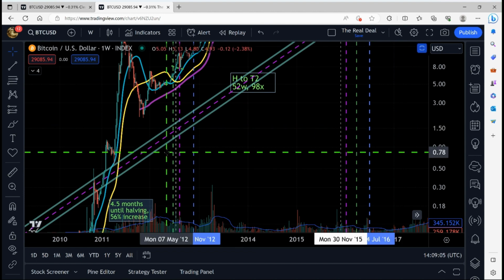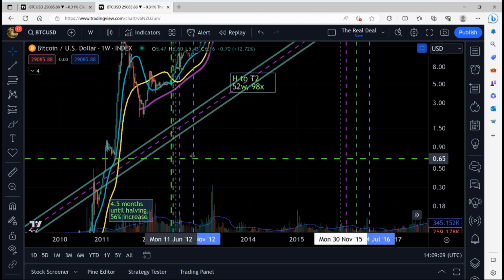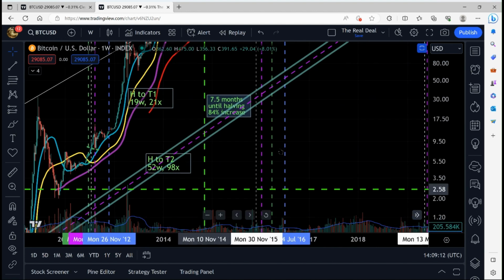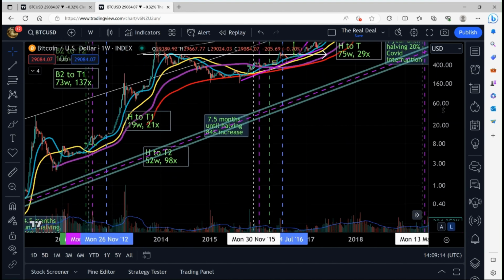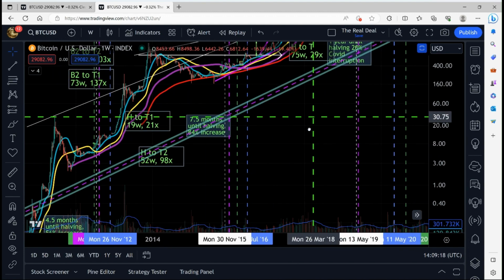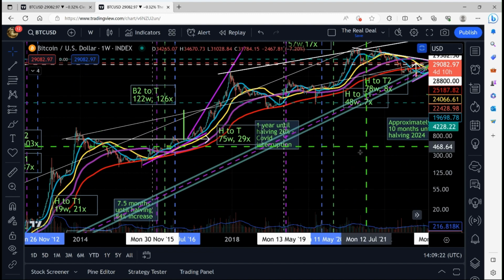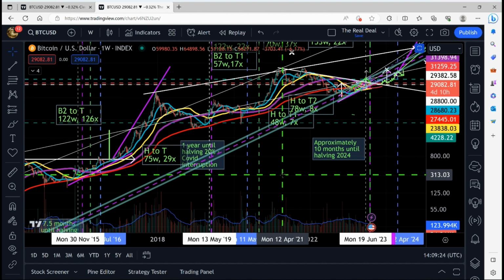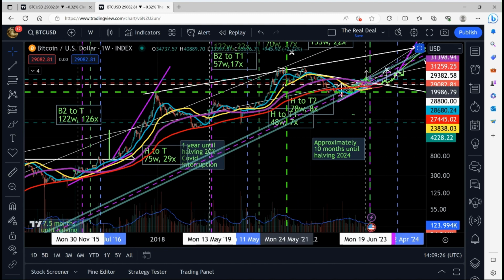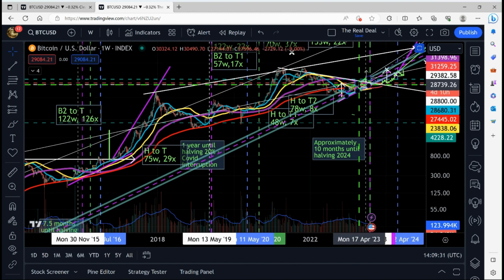If you go way back, it hits right here in this area. It's just really interesting. Zoom out. You can really see how everything's coming to a head right here where we are at.